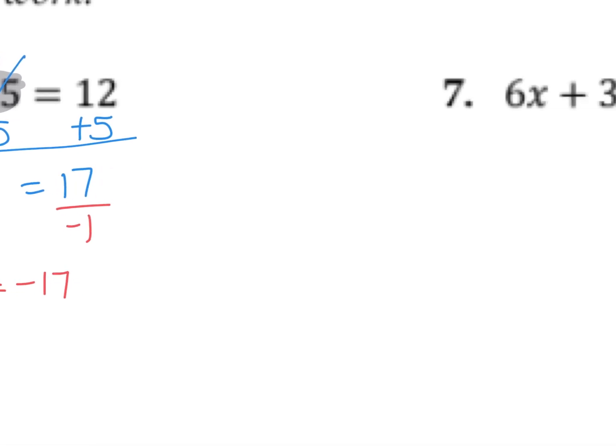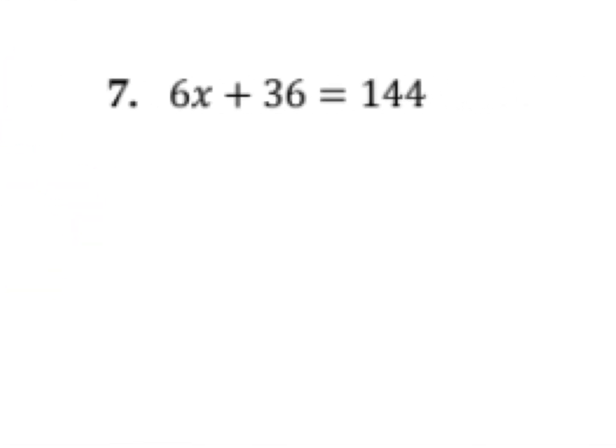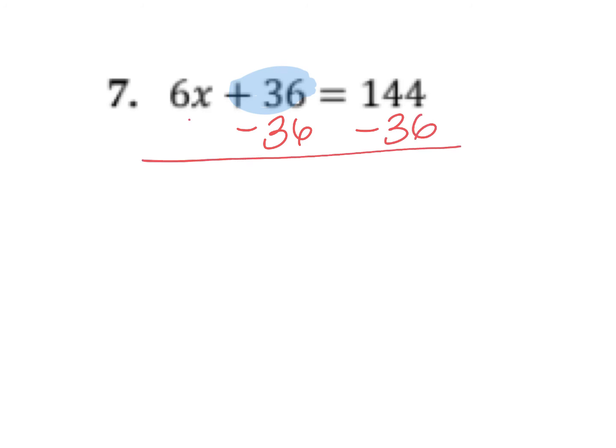All right, number 7. 6x plus 36 equals 144. Start with the plain number here, plus 36. The opposite of adding 36 is subtracting 36, so I'm going to do that to both sides of the equal sign. Bring down the 6x.